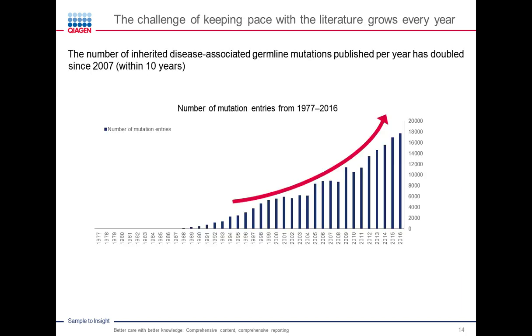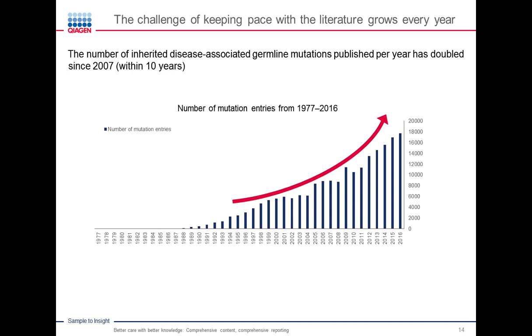Now, as more sequencing starts happening around the world, what we're starting to see is an explosion in the number of uncovered variants. And so the ability to keep up with this information is really quite challenging. Imagine a single lab director, even if they have a very specific domain that they're interested in. Over the course of several years, it becomes really challenging to keep up with all the published new mutations that are coming out.